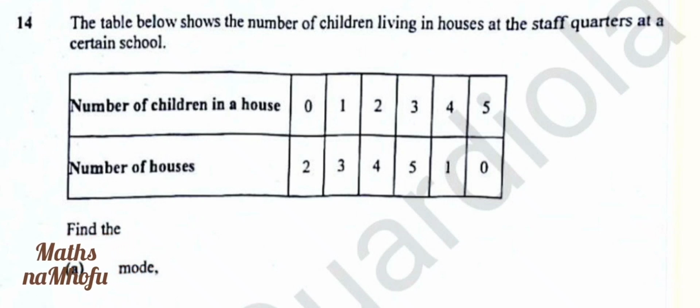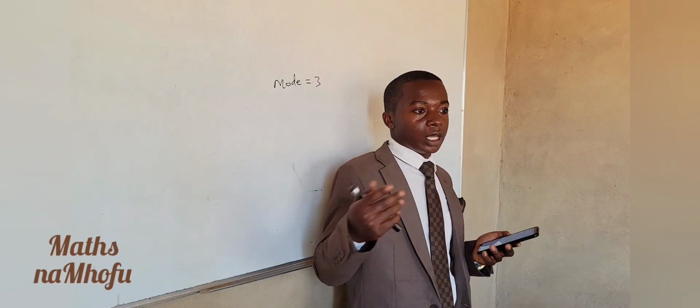If we add the frequency, what are we going to get? 2 plus 3, what is the answer? 5. And 5 plus 4? 9. 9 plus 5? Plus 1? Good. Since 15 plus 0, that's 15.